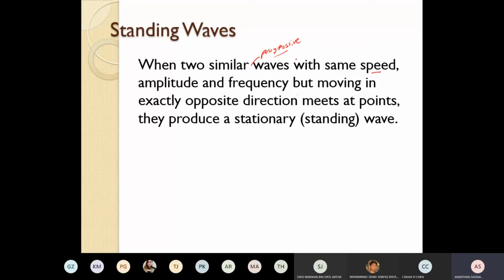That's 1 mark. Similar progressive waves, you get 1 mark. Moving exactly in opposite direction, this is 1 mark, meets, again 1 mark. At a point, they produce a stationary wave. So 2 identical progressive waves travel in opposite direction, meet, and form a stationary wave, also called a standing wave.